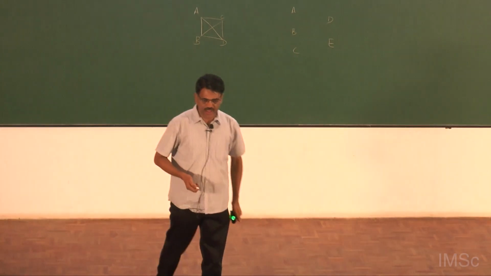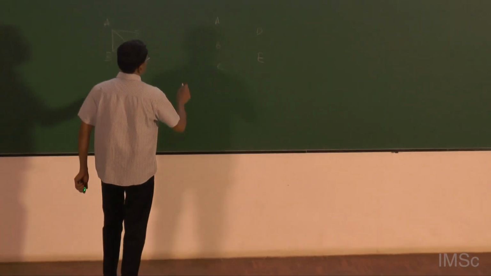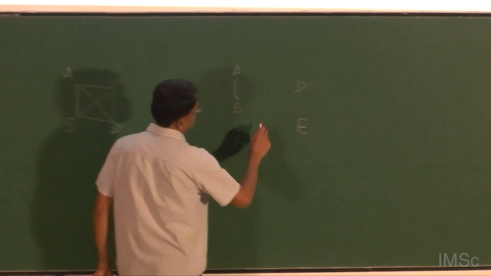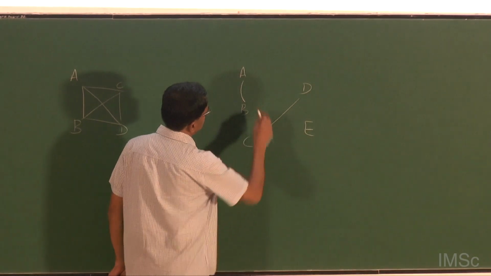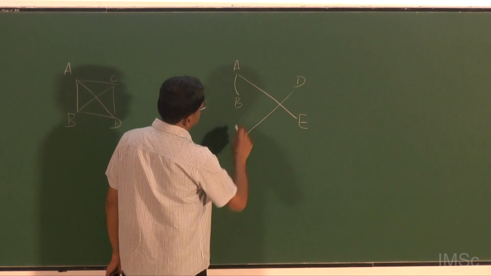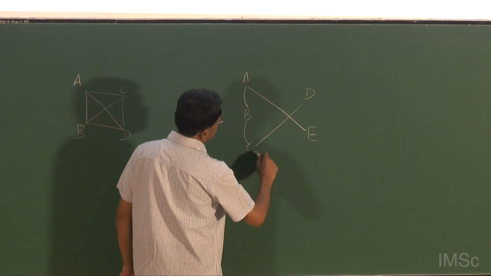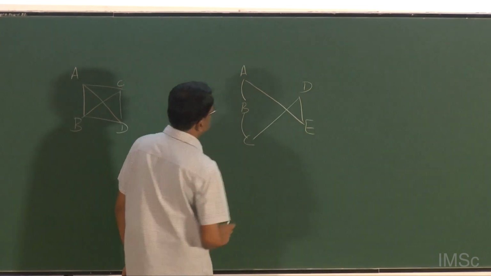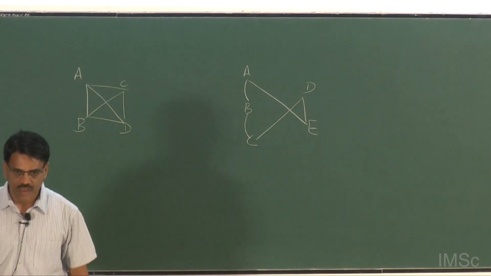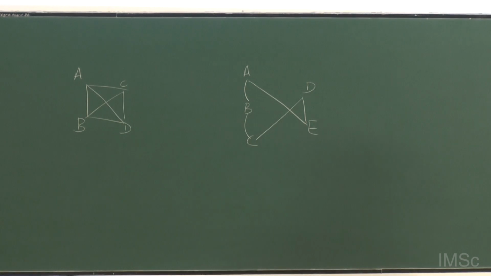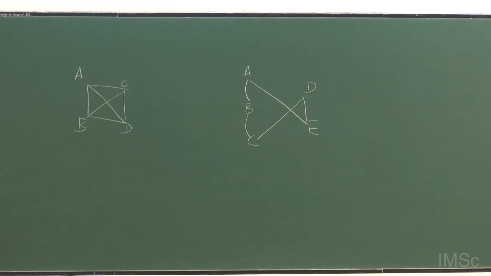What are the matches they have played? A, B, C, D, okay. B, C, D, right. If you look at it, this synchrony is possible, there are 5 players.